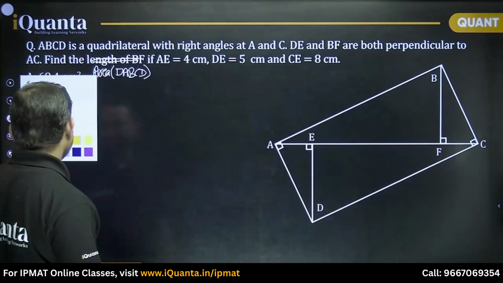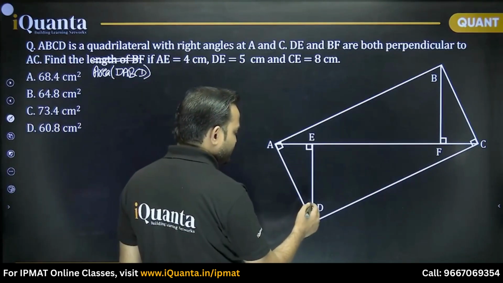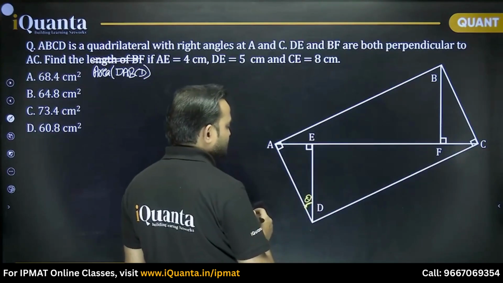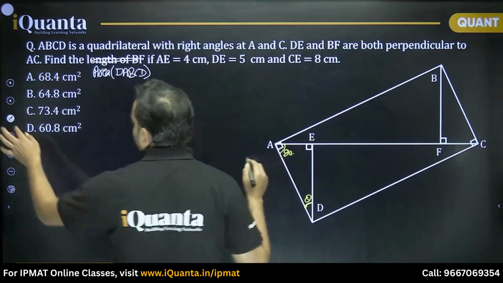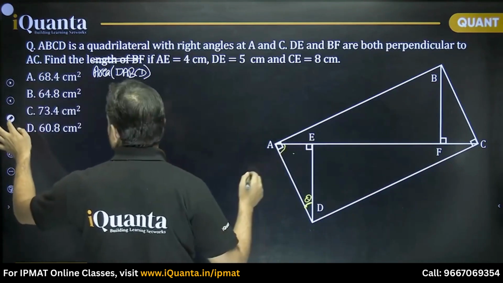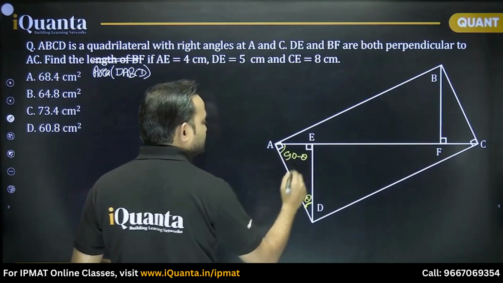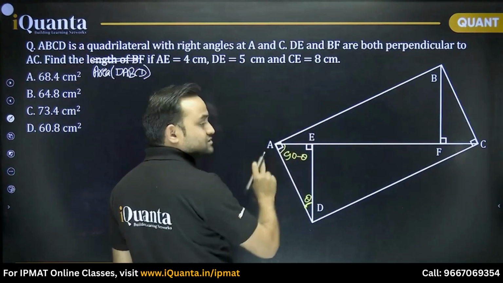Let's see. Can we say in this right angle triangle, if this angle is theta, this angle must be 90 degree minus theta. And so angle A is also 90 degree.